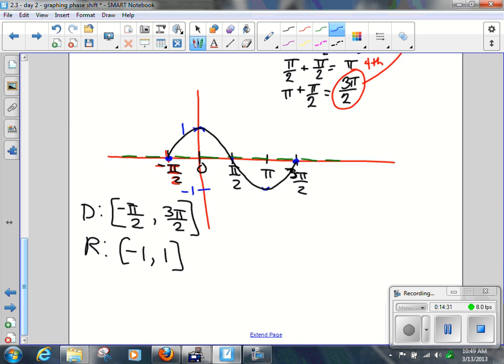When you think you have it, raise your hand. I need the ordered pair for the ending point of this curve. Beth, what do you think it is? 3 pi over 2, 0.